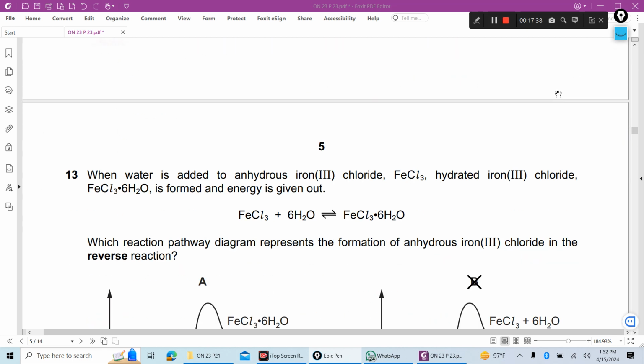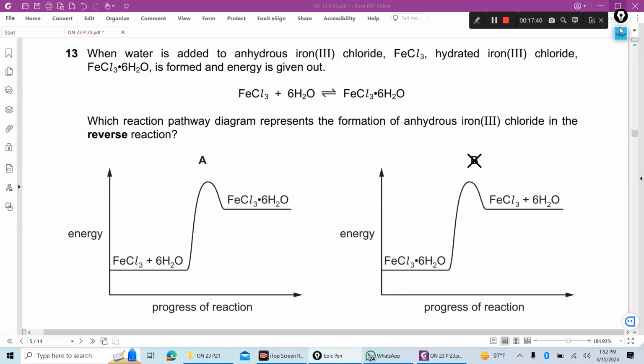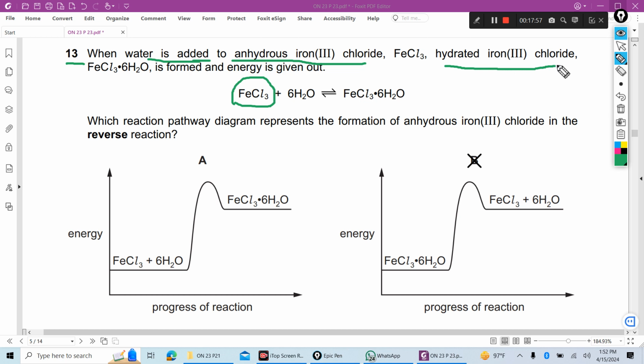Next, you see, when water is added to anhydrous iron 3 chloride, FeCl3, hydrated iron 3 chloride is formed. This is the hydrated FeCl3.6H2O.